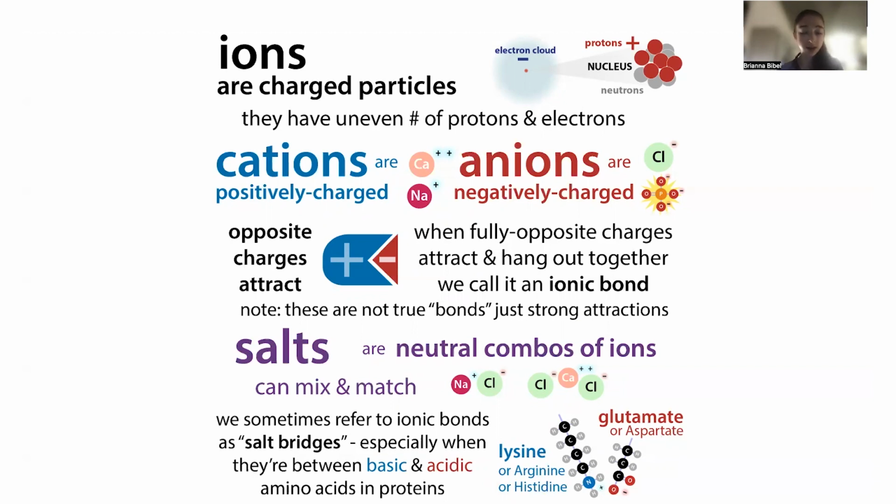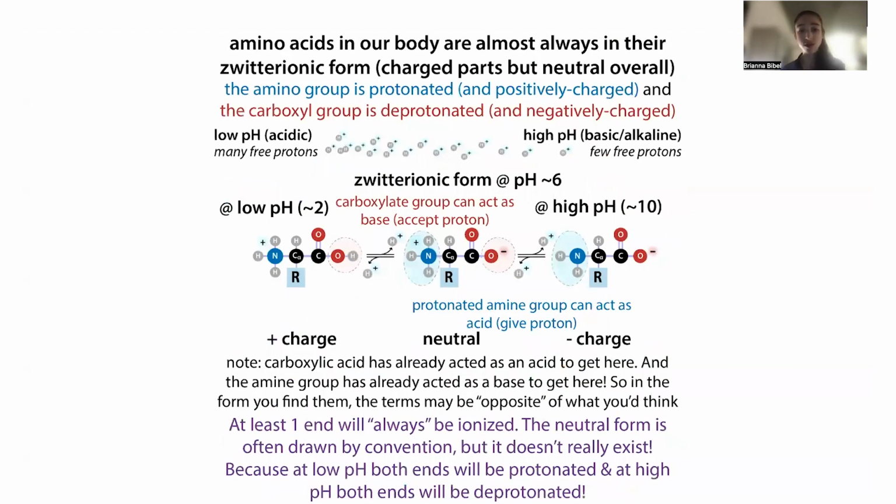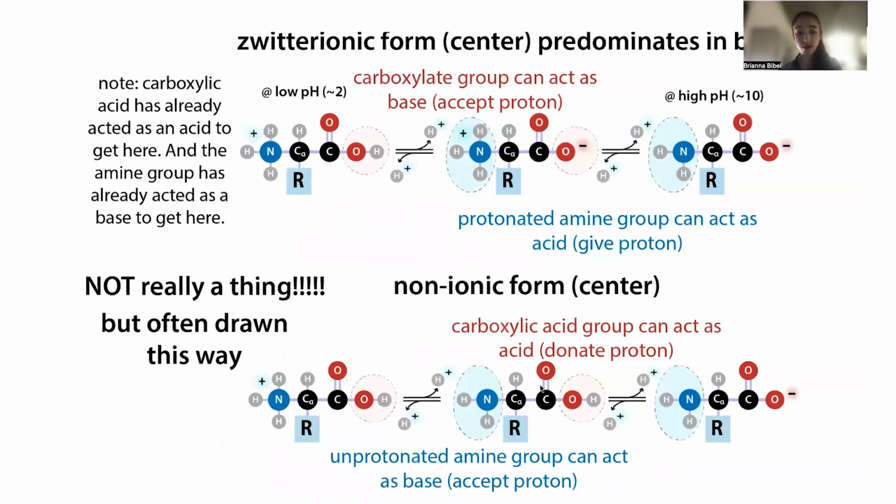Before I move off of the topic of charge, I just wanted to mention that you might see amino acids drawn in a weird form that doesn't exist, where you have the non-ionic form, with the amino group deprotonated, so in its neutral form, and the carboxylic acid group protonated.